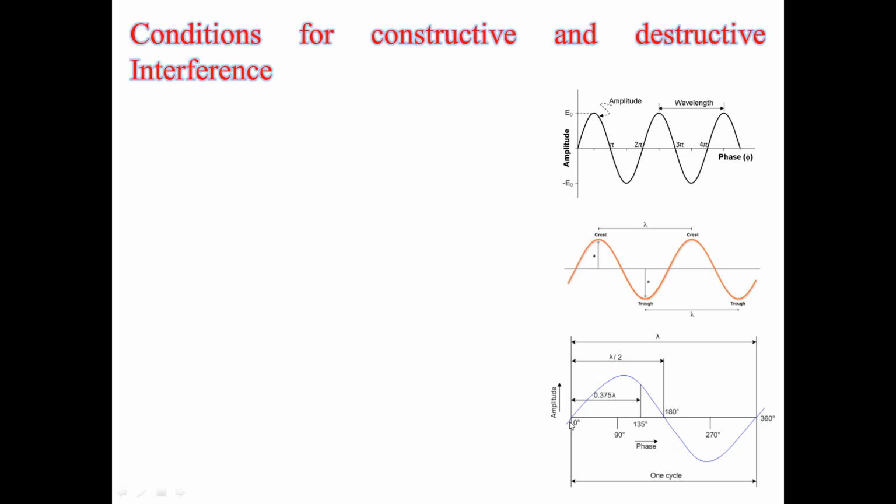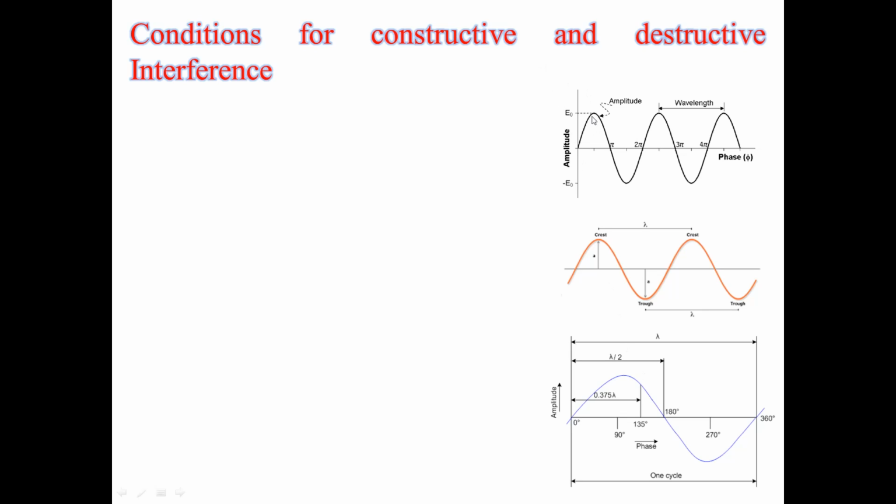The phase value corresponding to a crest is 90 degree or pi by 2, and that of a trough is 270 degree or 3 pi by 2.